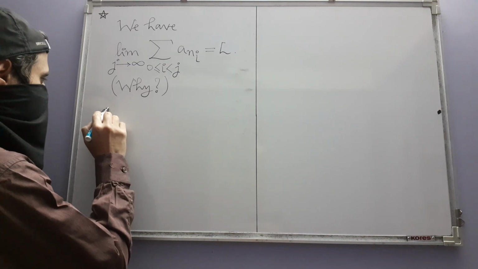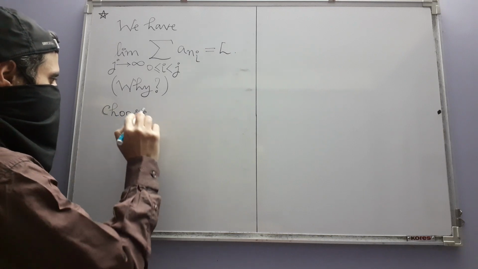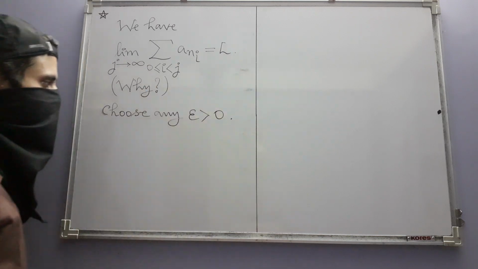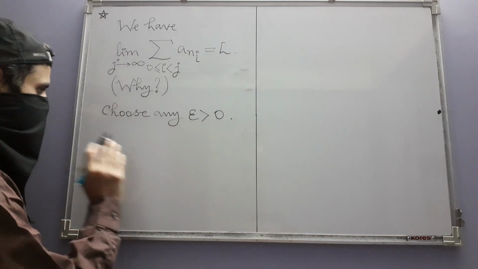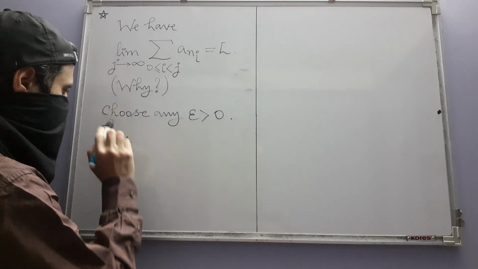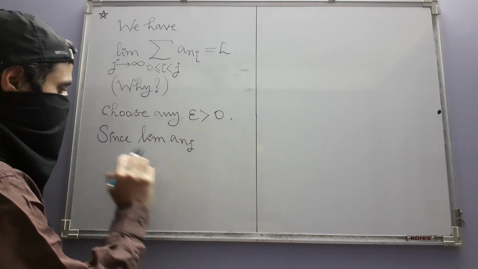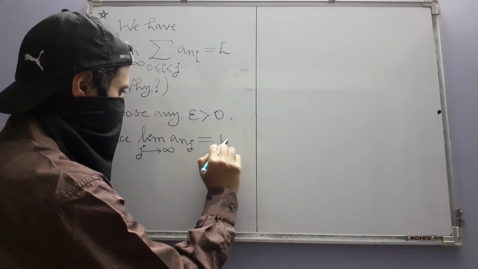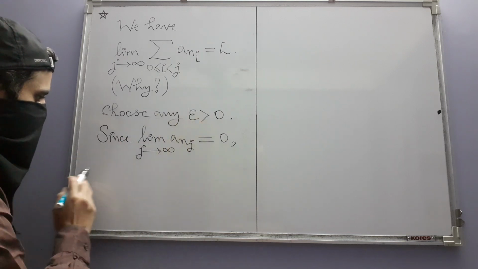So let us start by choosing a positive real number epsilon, and our starting point would be this limit, something else that we already know. Since the limit of a n j, the limit of this sequence as j approaches infinity is 0, for this epsilon we can write something.